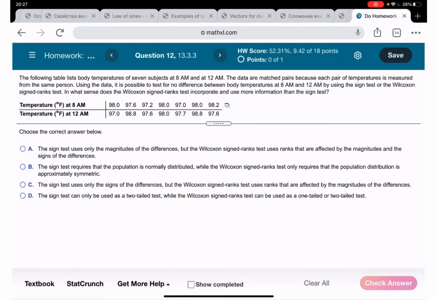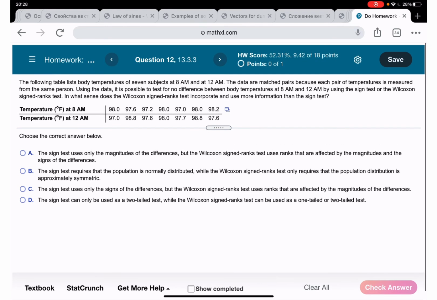Moving to number 12. What do we have in this case? We have temperature at 8 a.m. and temperature at 12 a.m. The data are matched pairs because each pair of temperatures is measured from the same person.